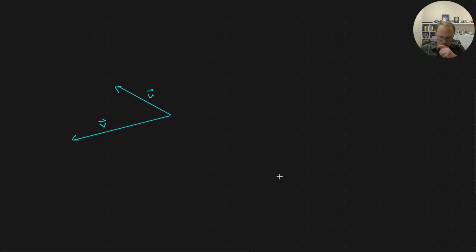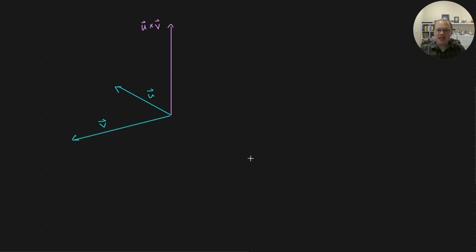The way you can tell whether the orthogonal vector will point this way or this way, you can use your right hand. So if I'm interested in u cross v, I know that vector is going to point this way.